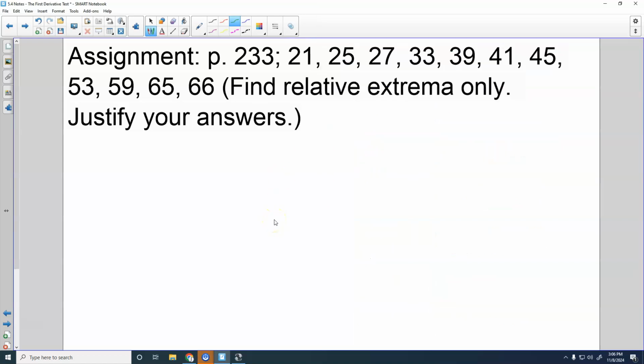Okay, we're just going to do these first 3 right here. We're going to practice some more on Tuesday, so we really should do more than 3 problems, but we'll do some of that on Tuesday. So 21, 25, 27 are the ones I want you to look at. Yeah, just those 3.